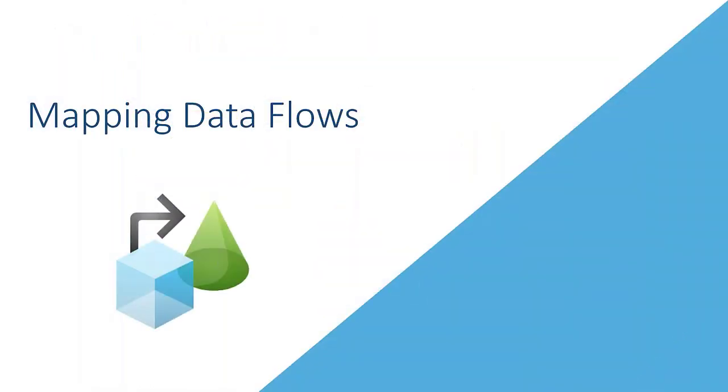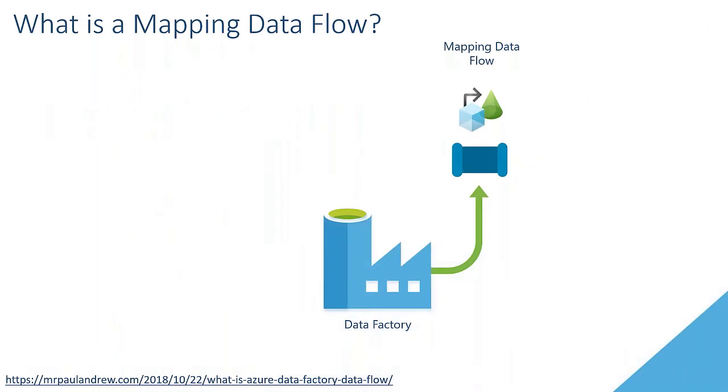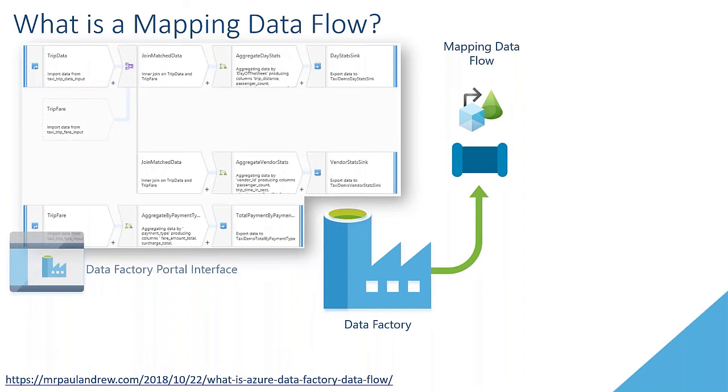So firstly, let's take a quick look at mapping data flows. If we create one of these within our pipeline, we'll get something via the portal interface that looks a little bit like this. Hopefully, if you're familiar with SSIS packages, this does very much look like our SSIS package data flow engine as well.